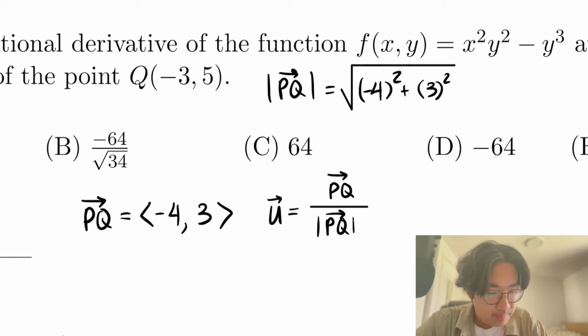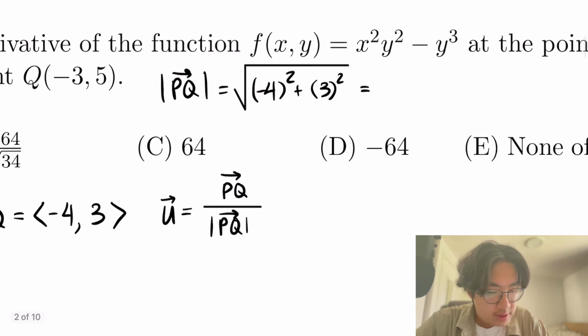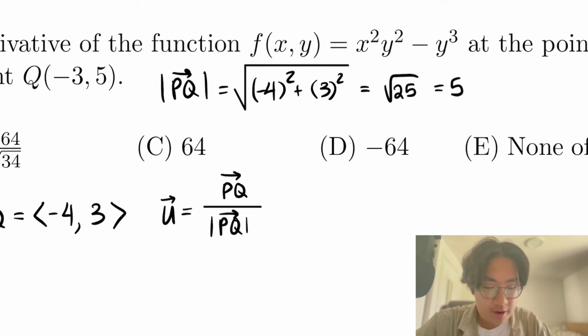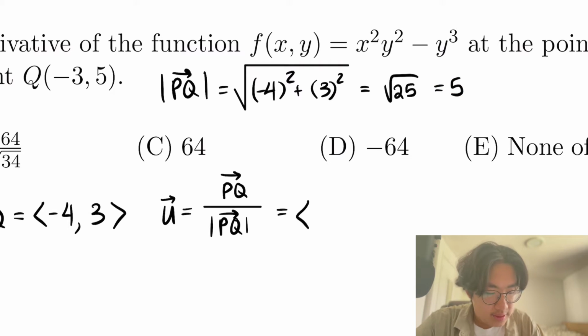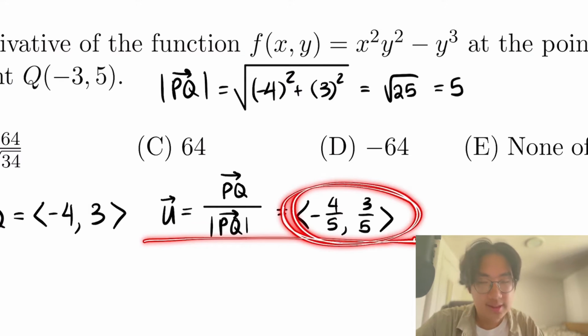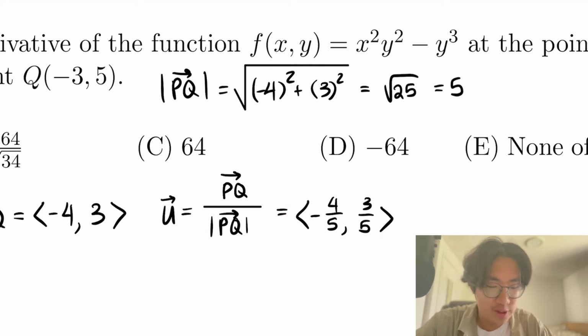Take the square root, which is just the square root of 25, meaning your magnitude is equal to 5. So we know PQ, and we also know the magnitude, so we can just divide it out. The unit vector is simply -4/5, comma 3/5. And of course, you can also verify this yourself if you want to check. You can check the magnitude of this. It'll equal 1. You can take my word for it, or you can check.